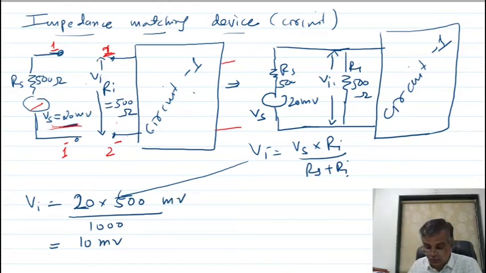You wanted to give 20, and you adjusted 20 before connecting these two. But when I connect these two, this 20 will not come here. It becomes 10. So the voltage is reduced. This is known as the loading effect.